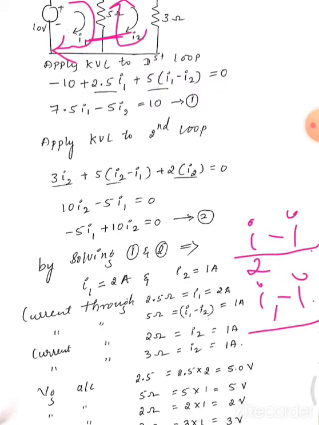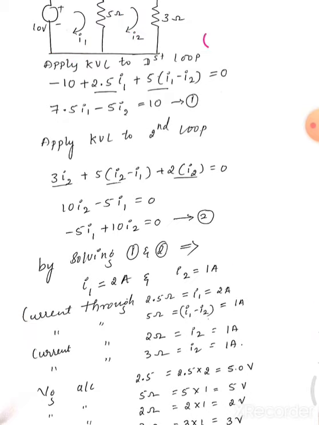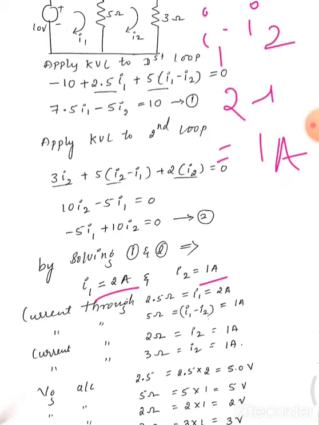If you are taking I1 minus I2, I1 is how much? 2 ampere. I2 is 1 ampere. So 2 minus 1 is 1 ampere. Current through 5 ohm is 1 ampere.